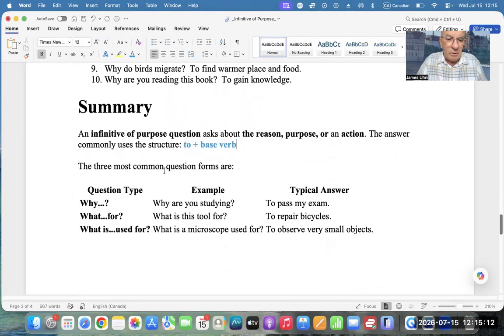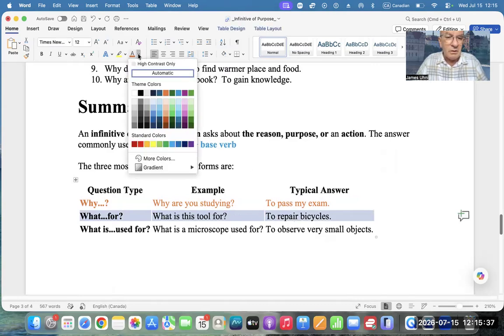The three most common question forms are why. So let's make it one color. Why are you studying? To pass my exam. What is the tool for? To repair bicycles. This is another question.